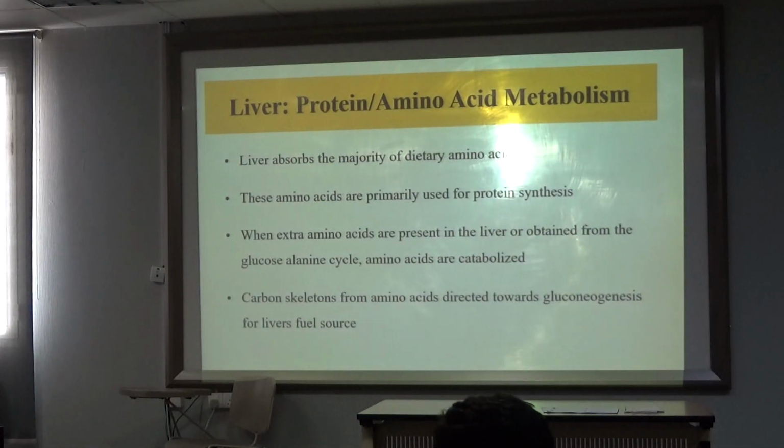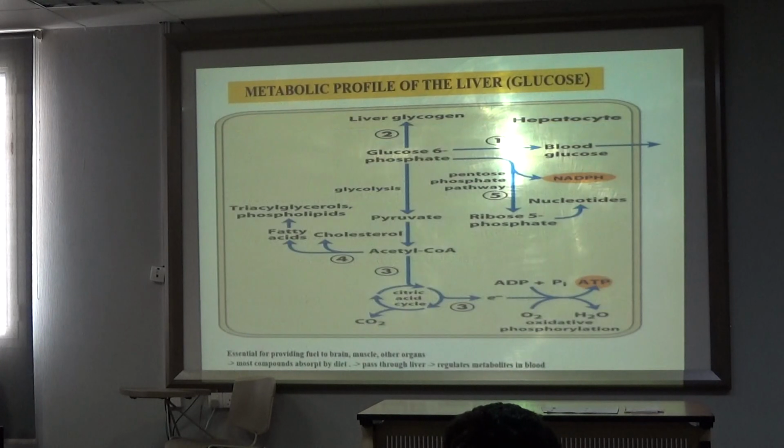So the liver absorbs the majority of the amino acids, and these amino acids are primarily used for protein formation. Extra amino acids present in the liver, obtained from the glucose-alanine cycle, are oxidized and catabolized, and the carbon skeleton of the amino acids is directed towards gluconeogenesis for fuel.